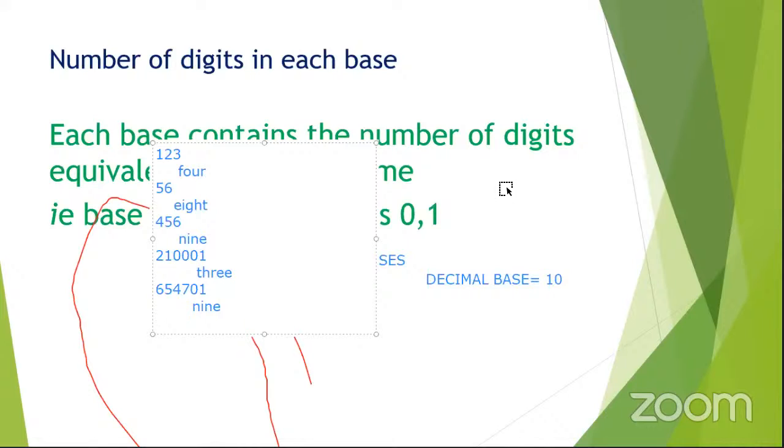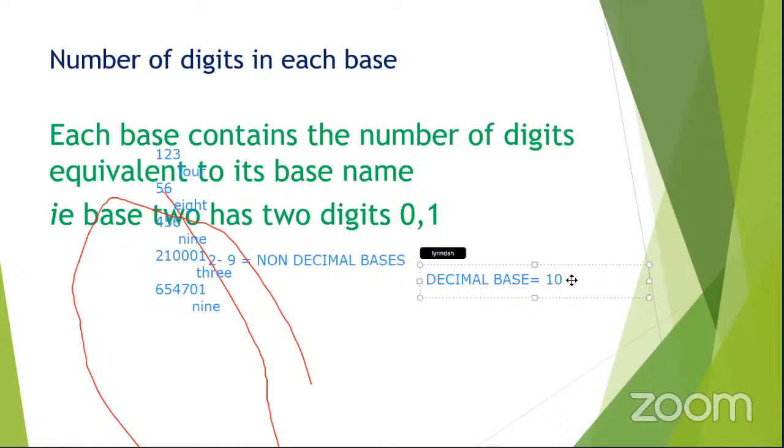So these numbers, however big the number may appear, we still read them as independent digits, regardless of how many digits they've given you. That's how we read them. Then that is all about the non-decimal bases. Then we also have here for base 10.